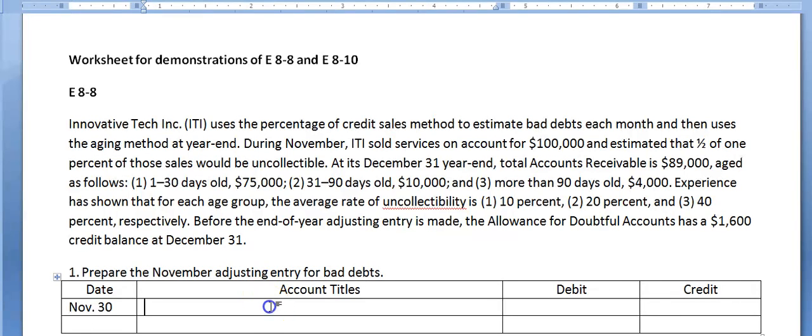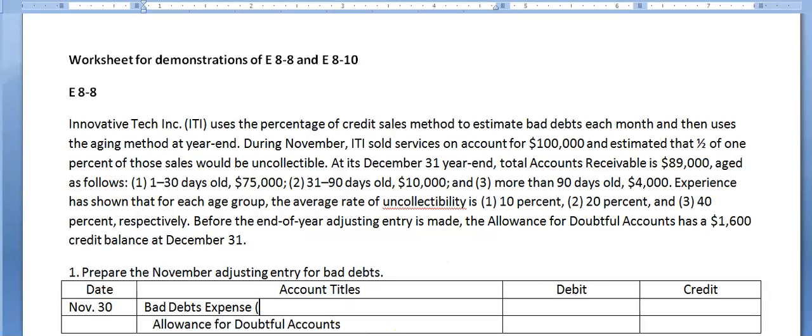Well, regardless of the method, the journal entry is the same. It's a debit to bad debts expense and a credit to the contra asset account, the allowance for doubtful accounts. Now, with the percentage of credit sales method, we merely multiply the expected percent that will be uncollectible based on that company's history, 0.5%, times the current period's credit sales of $100,000.